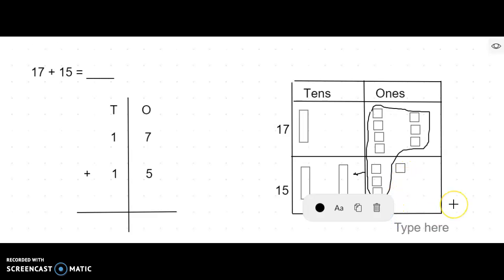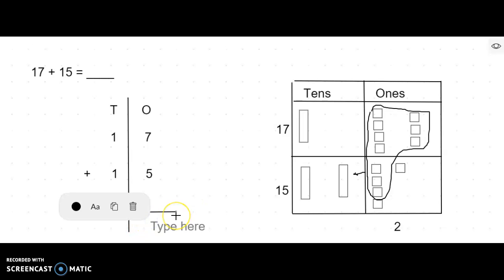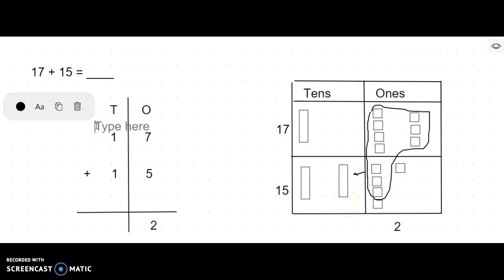So I'm going to say I have 2 ones, and I'm going to mark that down on the ones side here. I have 2 ones, but I also made this new group of 10. So I'm going to mark that on this side so I know I'm adding one more 10. I'm adding one more group of 10, and I'm going to make that 1 here so I remember that.